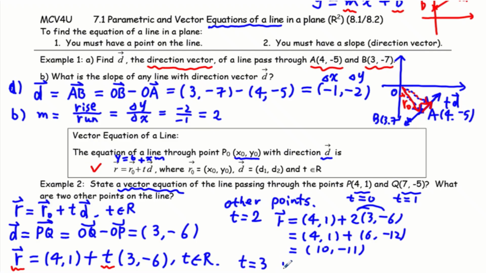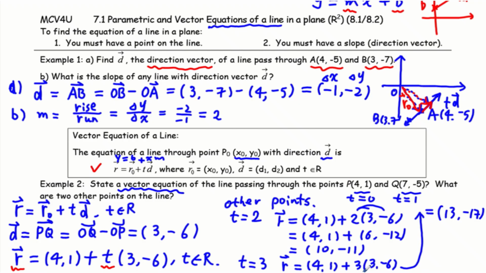So we just base on the 4, 1, then plus 3 times 3, negative 6. Then do the calculation. Based on the 2, we just add 3, negative 6 here. You will have 13, negative 17. So keep going: 10 plus 3, negative 11 plus negative 6.